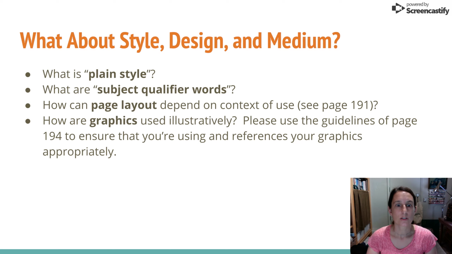Those are words that emphasize something, like very or exceedingly or extremely. So if you're saying this is an extremely important process, you're qualifying the word process. When you're composing your script for your instructions, take a look at how you're using those and if they're necessary.